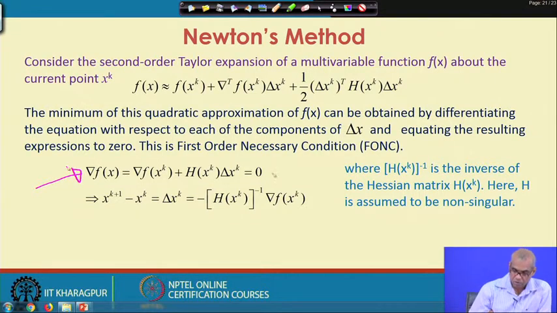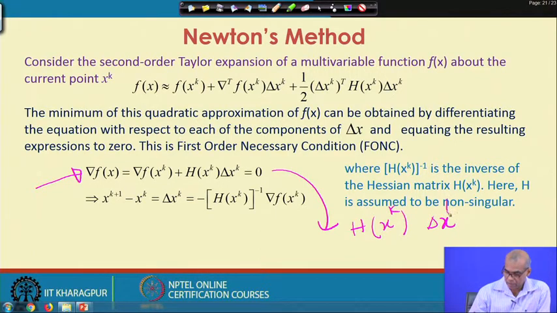So, from here you get H at x k times delta x k is equal to minus gradient f at x k.